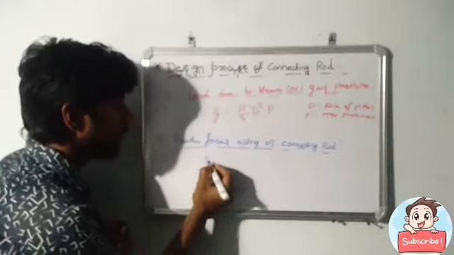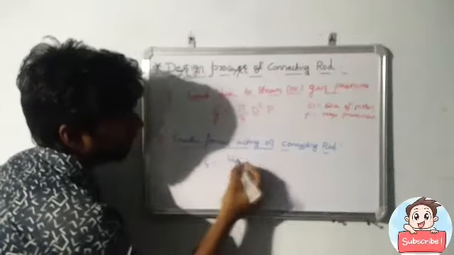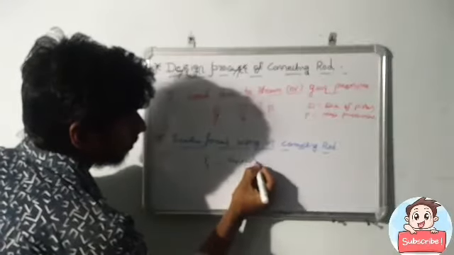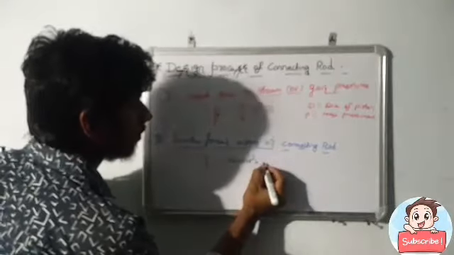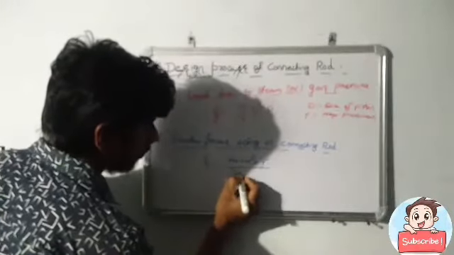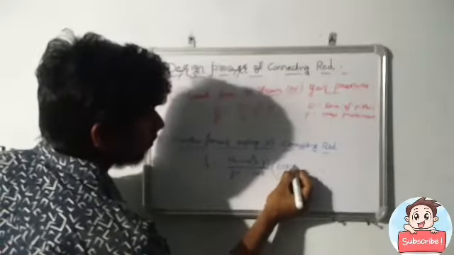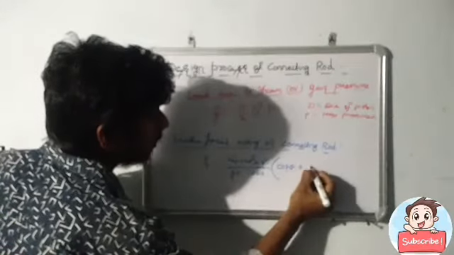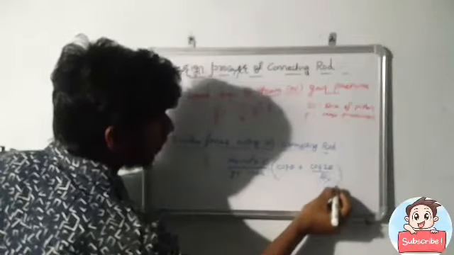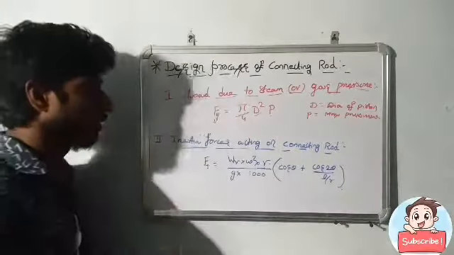It is denoted by F suffix I, that is equal to cos theta plus cos 2 theta by L by R. It is the formula to find out the inertia forces acting on the connecting rod.